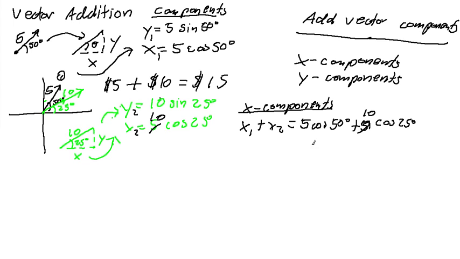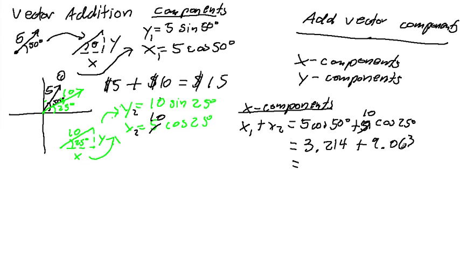Now that gives you your x total, which, plugging into the calculator, always make sure your calculator is in degrees, otherwise you end up getting completely different answers if you plug it in as radians. So 5 cosine 50 gives me 3.214 plus 10 cosine 25 gives me 9.06, I'm just rounding up.